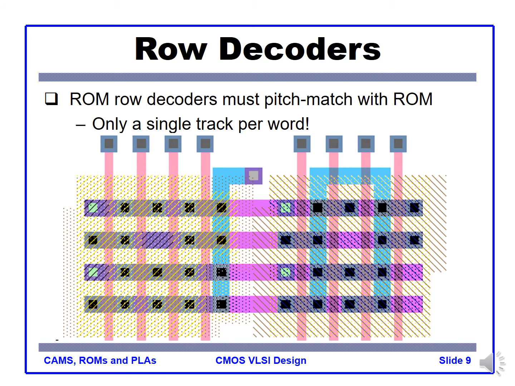This is the example of a row decoder to assert the word line. This is so compact that only a single track per word is present. Right? This is pitch matched to the ROM structure. So each line is like a word line.